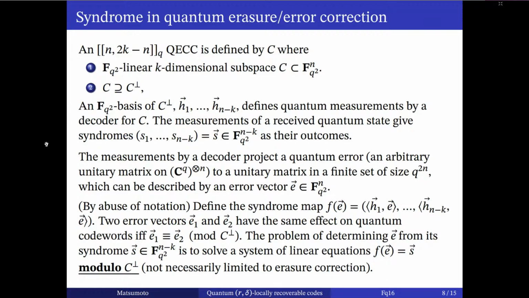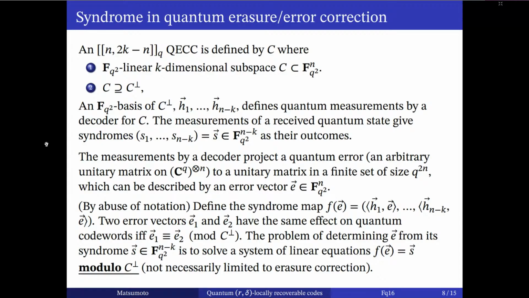And measurement by a decoder projects a quantum error, which is any unitary matrix, to a unitary matrix in a finite set of size q to the 2n, which can then be described by a vector E belonging to this finite field vector space.